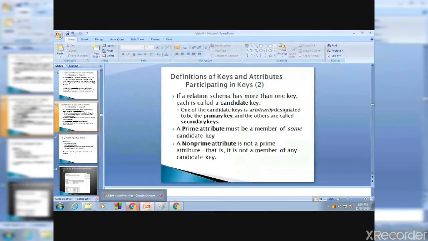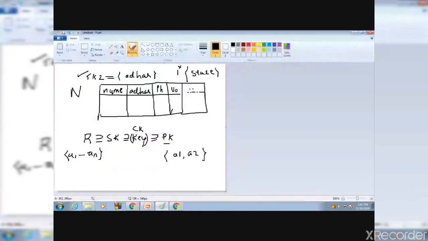So attributes which are part of your candidate key or primary key, normally if you are considering the candidate key, it is considered a primary key also. Attributes which are part of your candidate key, we call prime attributes. These are essential for our database.